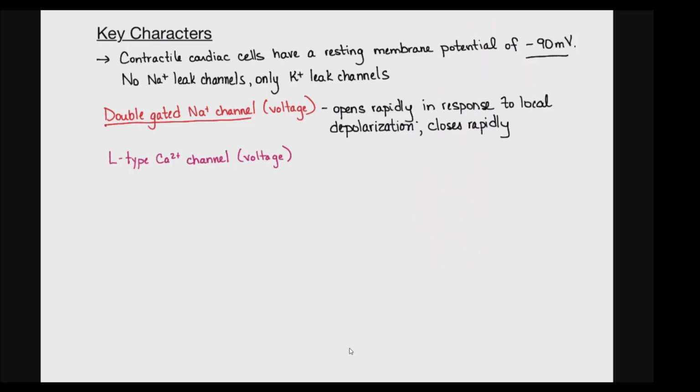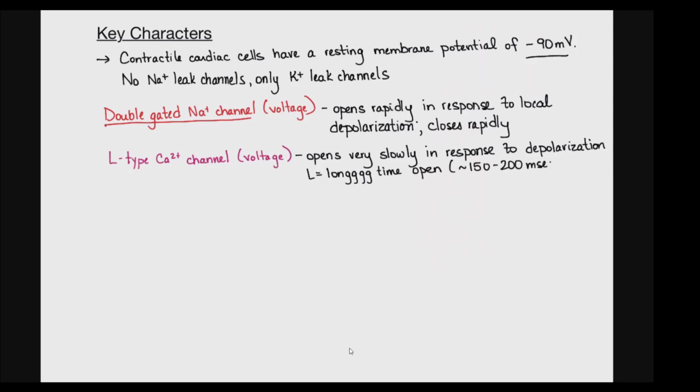That's much longer than the sodium channel, which is only open for half a millisecond. So the L-type calcium channel is going to play a role in the action potential here.